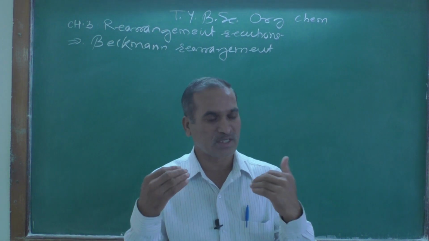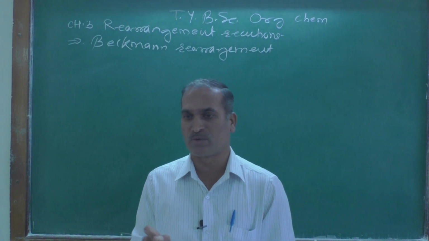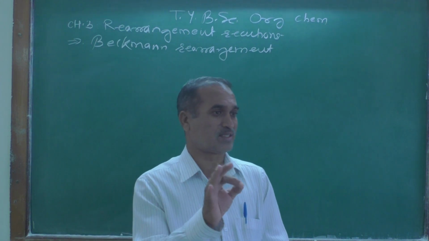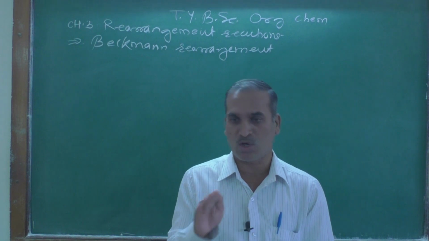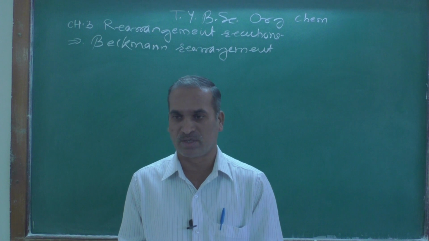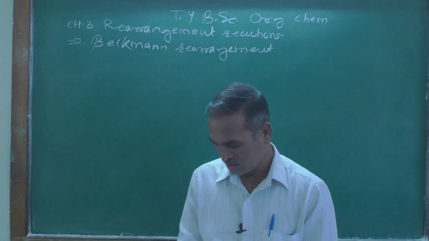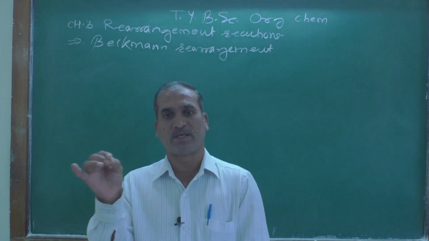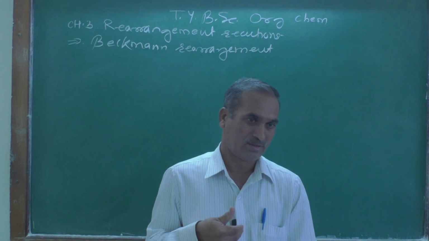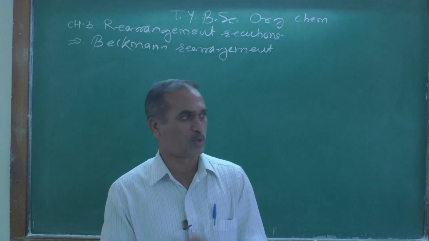If it is symmetrical, then we get only one product, a single product. If you talk about the stereochemistry of the Beckmann rearrangement reaction, a symmetrical ketone gives only one product, but if an unsymmetrical ketone is present, then there will be two products.